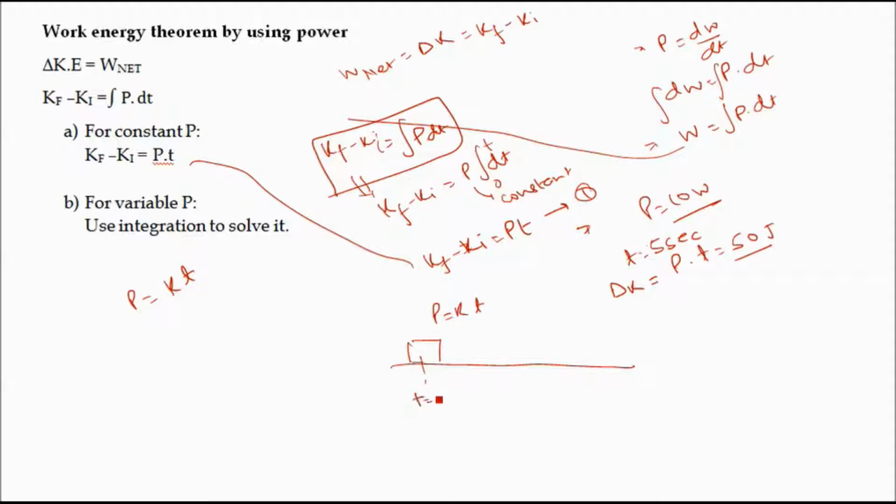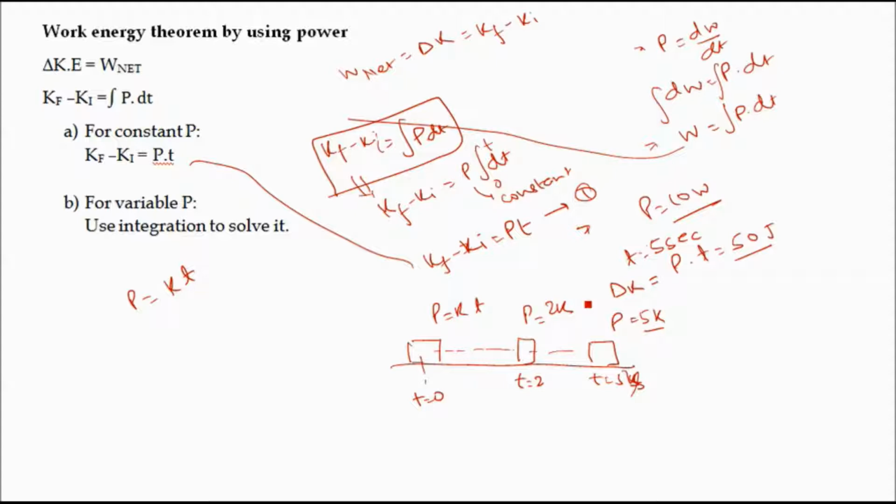That is, when t is equal to 0, we have 0 power. However, power increases as the time increases. When the time t is equal to 2 seconds, the power is equal to 2k, where k is some arbitrary constant, and for t is equal to 5 seconds, the power is equal to 5k. So clearly power is increasing.